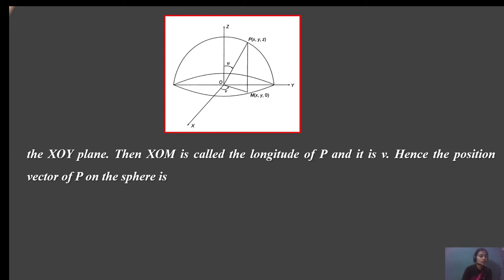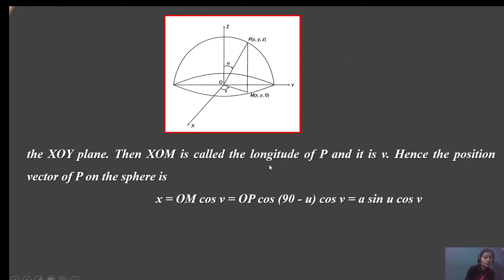Hence the position vector of P on the sphere is given by x equals OM cos V, which is also OP cos(90 minus u) cos V, and this is a sin u cos V, because cos(90 minus u) equals sin u. Y equals OM sin V, which is OP sin u sin V, and z is a cos u.